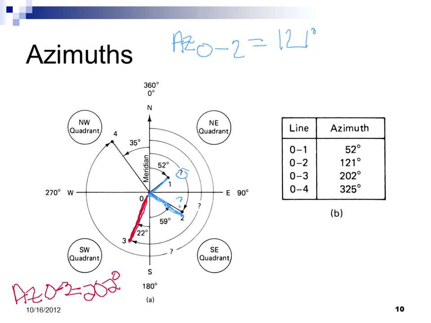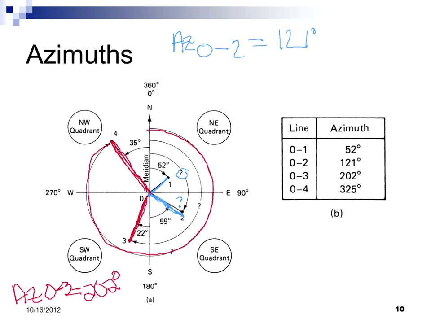Okay? And then if we look at 0 to 4, the azimuth of 0 to 4, yes, it's 360 degrees minus 35 degrees will give you this line right here, which is the azimuth of line 0, 4.